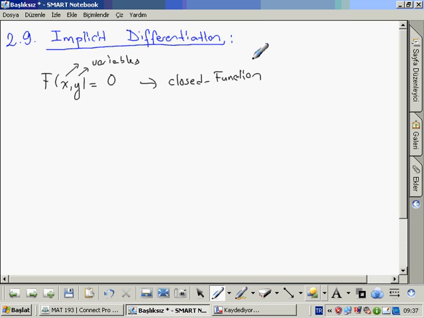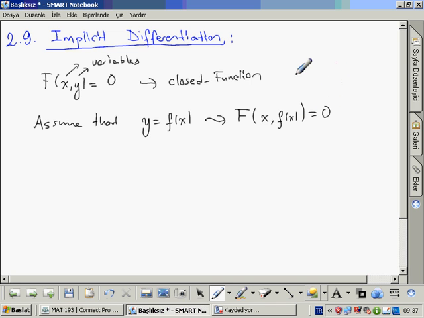It is an interesting function. Let's assume that y equals f of x, and then we can say F of x comma f of x equals 0.